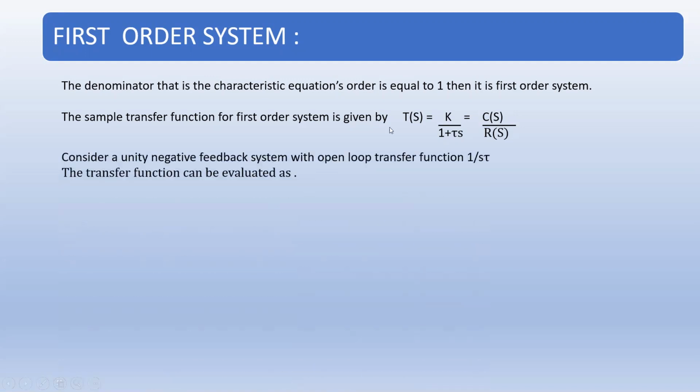Considering a unity negative feedback system, we have a closed loop system with H of s equal to 1. That is what we call unity feedback, and we are giving a negative feedback to this input in order to eliminate the changes or disturbances in our outputs.